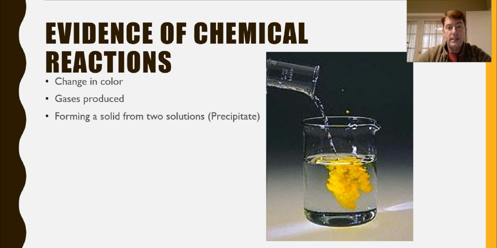But when we combine the two of them, the lead 2 in the beaker combines with the iodide that was added to it, and they lock together, and water can't pull them apart, and it makes that yellow solid there of lead 2 iodide. So that yellow solid we would call the precipitate. So this reaction formed a yellow precipitate, which we would identify as the solid lead 2 iodide.